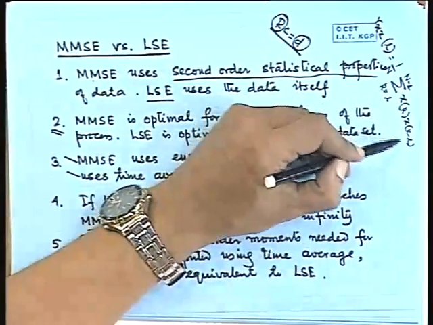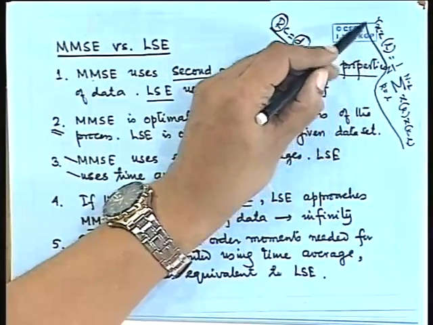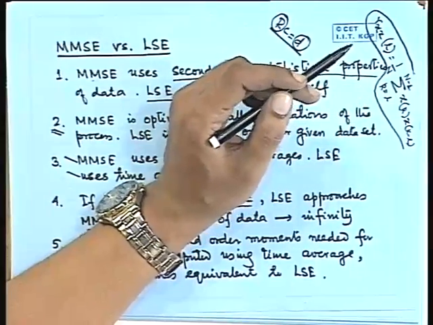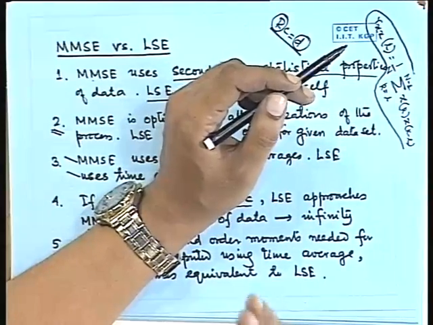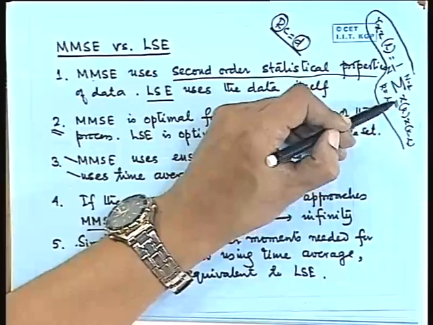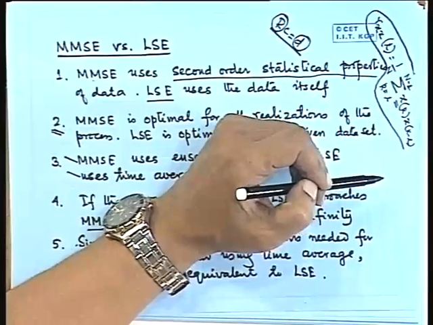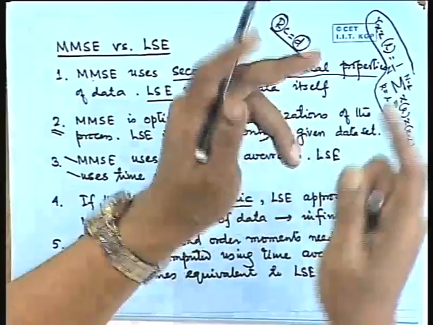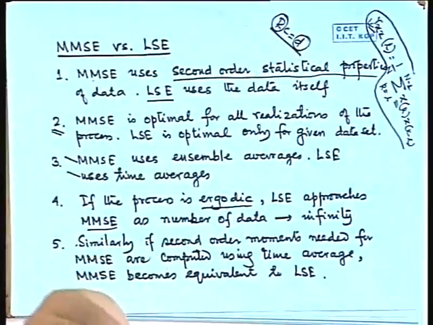So if you are given one finite set of data, where x(k) values are available from 0 to capital N minus 1, an N length sequence, then this gives an estimate of the autocorrelation function.